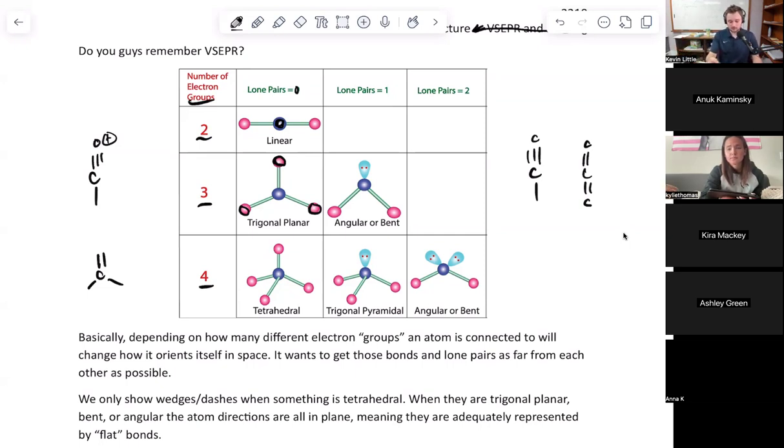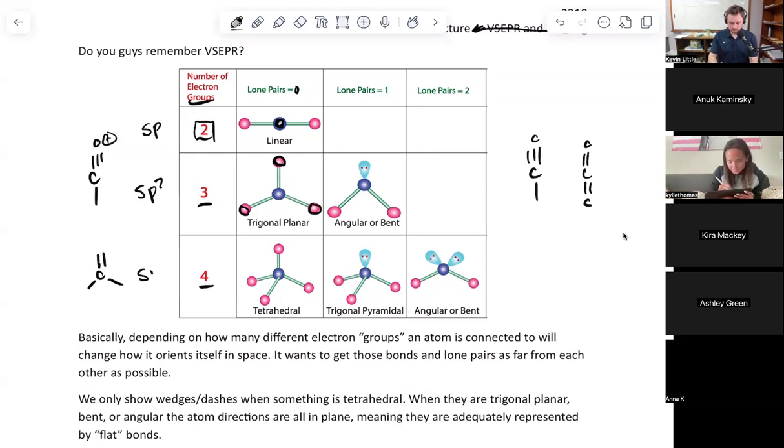There's another way to think of these numbers of electron groups when we're talking about carbons in particular. This is an sp hybridized carbon, right? One s, one p. There's two electron groups. This is an sp2 hybridized carbon, so one s, two p. That's three electron groups.